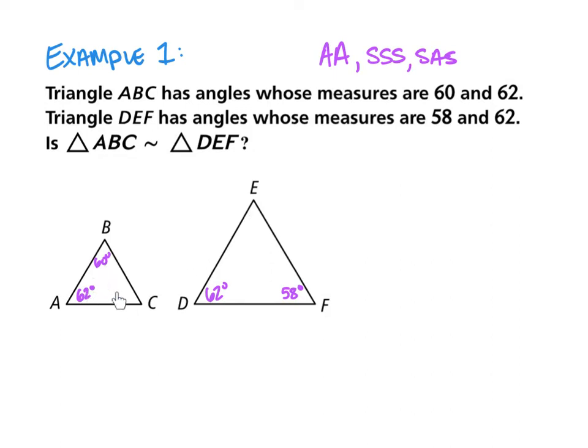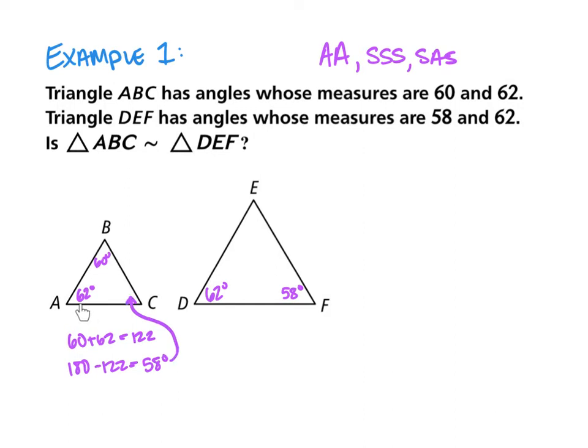We know that all three angles need to add up to 180. So if I do 60 plus 62 to get 122, and then I do 180 minus 122, I get 58 degrees, which means angle C here is 58 degrees.